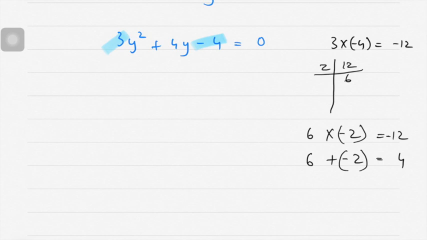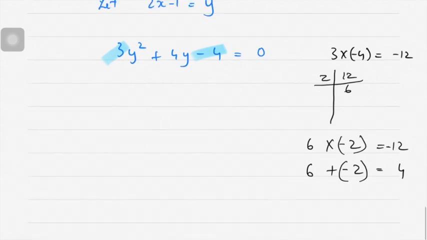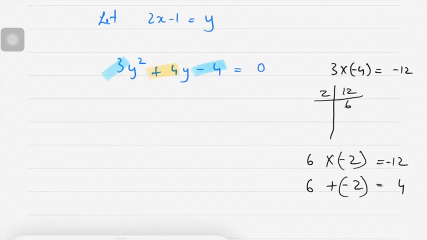That means my factors are minus 2 and 6. Because when I add 6 minus 2, it is 4. I want plus 4, no? Here the number is plus 4 in the middle. So when I am adding 6 plus minus 2, it is 4.